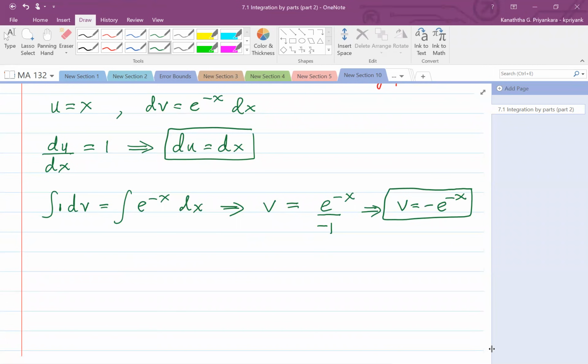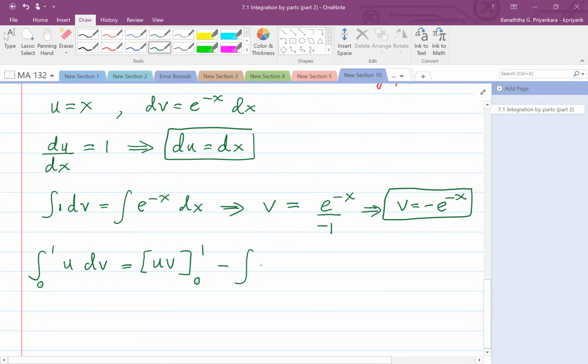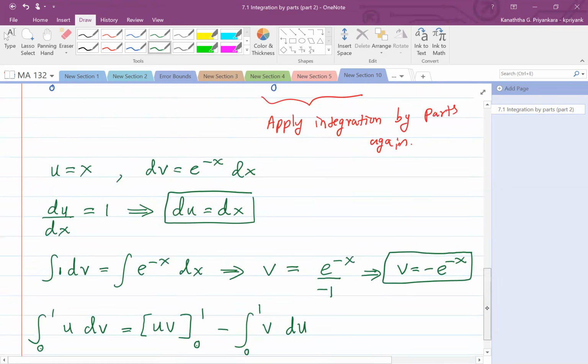And again we can apply integration by parts. So this would be, from 0 to 1, u dv, that is uv from 0 to 1 minus integral v du from 0 to 1. So I can substitute u and dv and v du, everything.